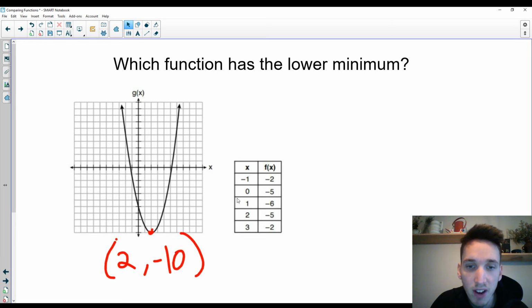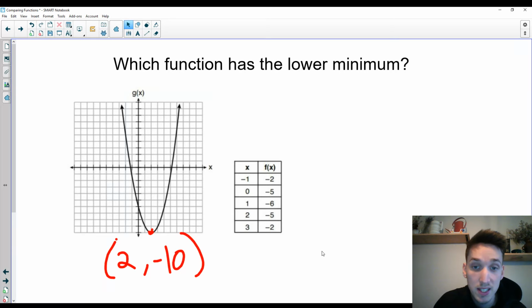Now, remember, how do we find this from a table? We're looking for, starts with an S, symmetry, right? If you're looking at these y values, we can see the symmetry, right? -6 is that kind of middle value, -5, -2, -5, -2.